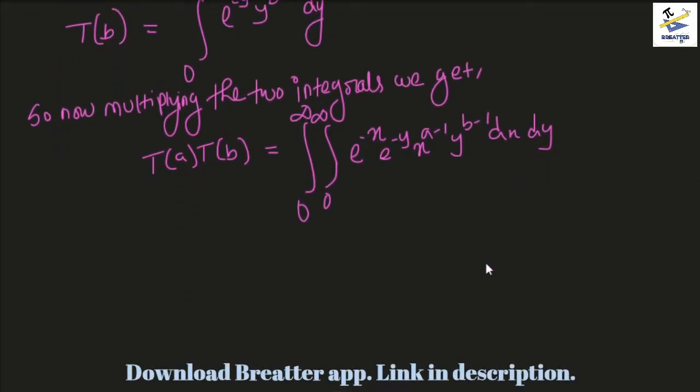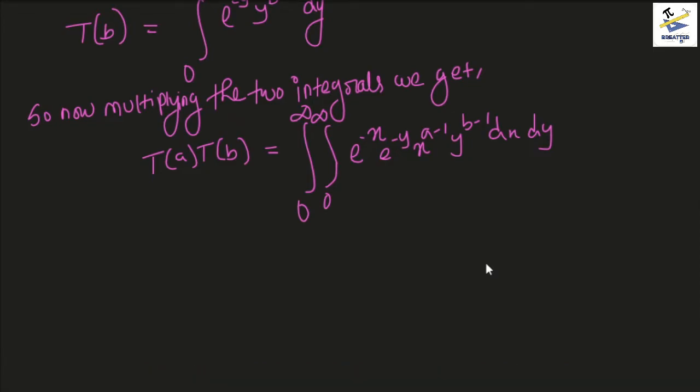Now again, with this representation, what we would be trying to do is make some changes to it. So we'd be trying out a substitution. We still do not know what substitution would be the best, but well, we have an idea of what to substitute to make it into a function that we know.